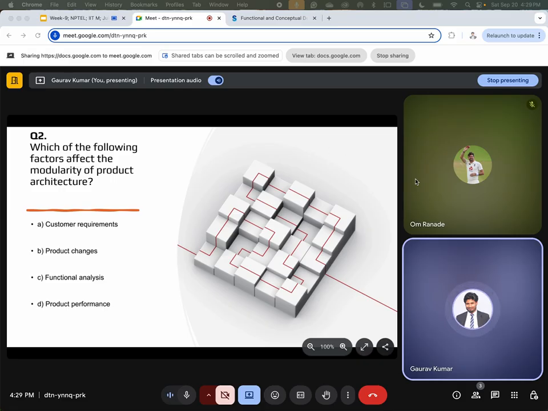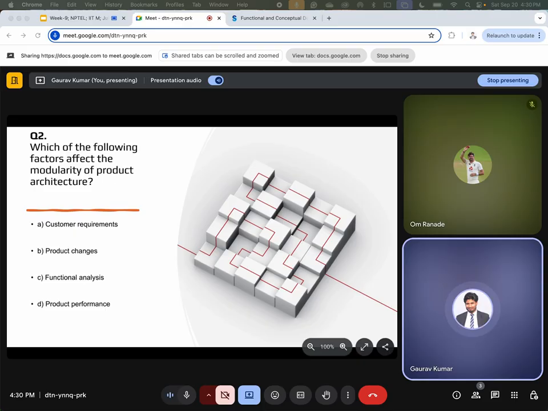So I hope you must have the right answers. Now I am giving you the correct explanations for this particular question. Basically, product modularity is shaped by external and internal drivers. Among these, product change and product performance have the greatest impact. A design that anticipates change over time, such as upgrades or repairs, must allow for easy separation and replacement of modules.